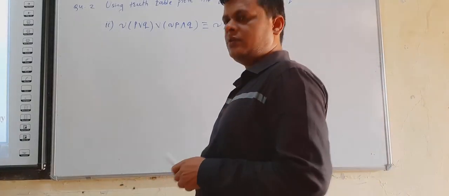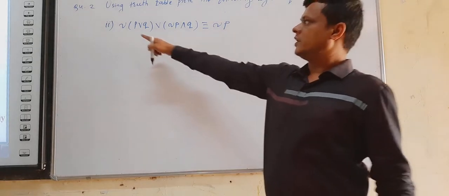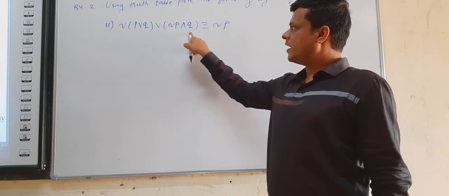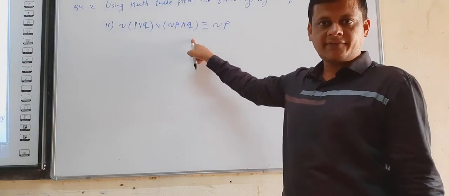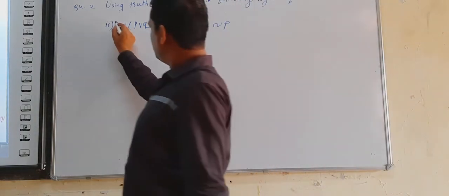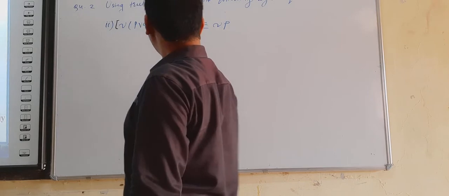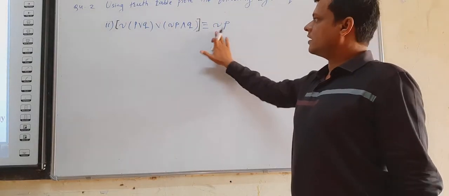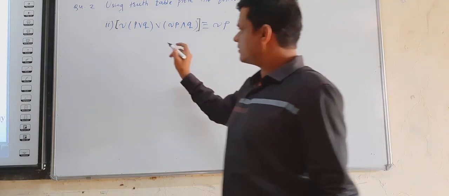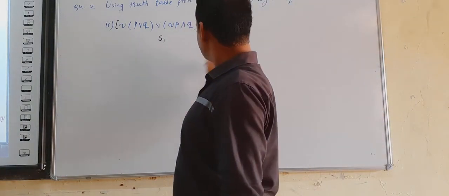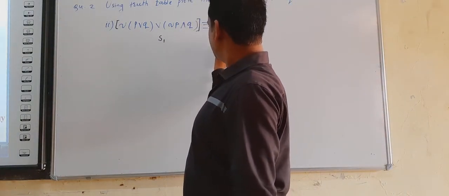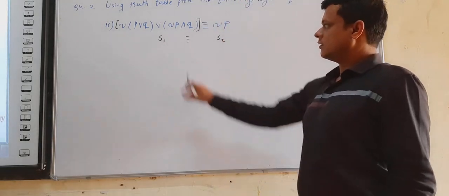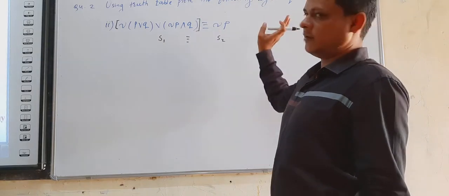Now see the next example. Negation of (P or Q), and negation P and negation Q. This is the left hand side, one compound statement, and this is the second compound statement. Here this is statement S1 and this is statement S2, which we have to check using a truth table.